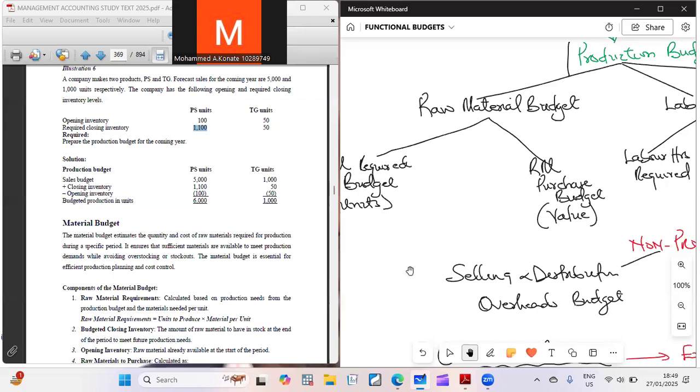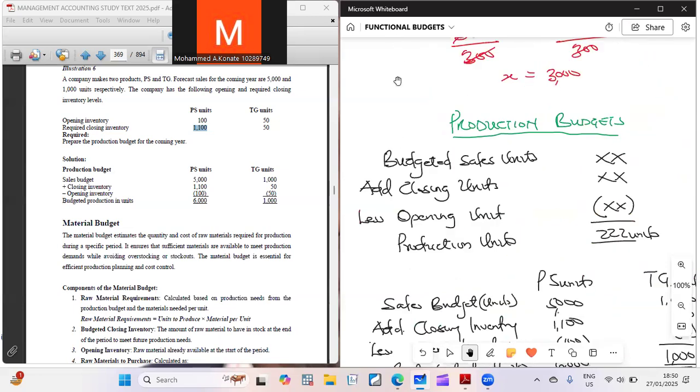So you need the quantity. After you've gotten the quantity, you are going to be buying them, multiplying by the price in the market. So how do we do the materials budget?